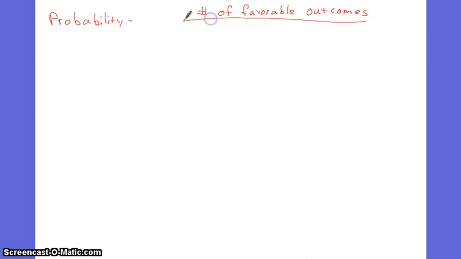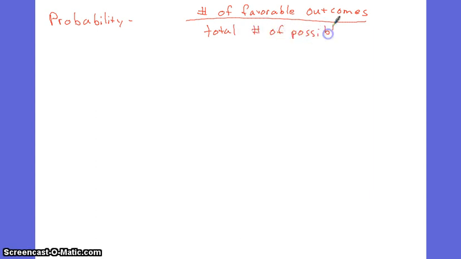Now, as you recall, we'll switch gears to probability, because these are tied up together. We can express probability as a fraction. Probability is the number of favorable outcomes, the number of outcomes you want to happen, over the total number of possible outcomes.